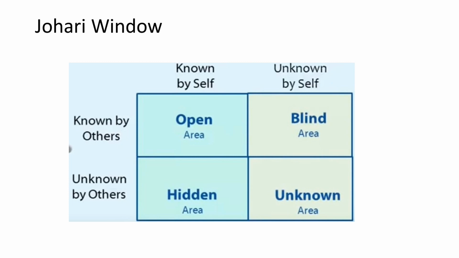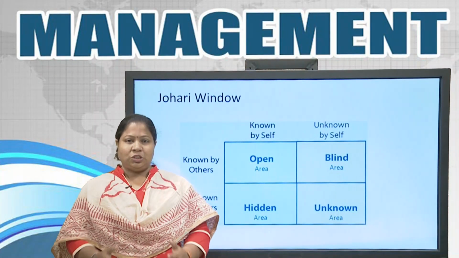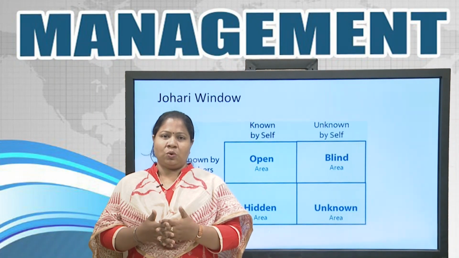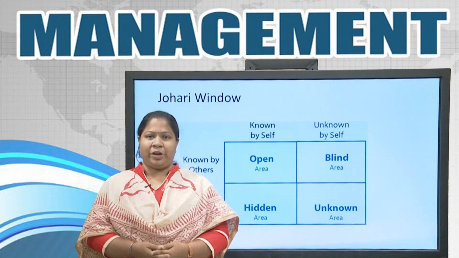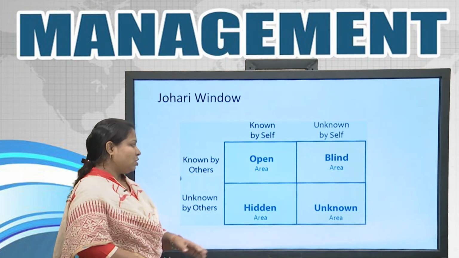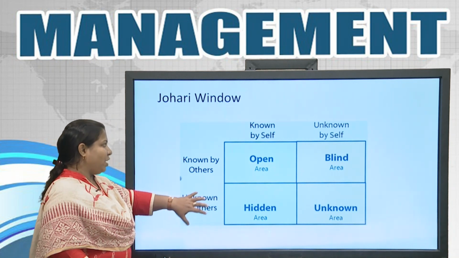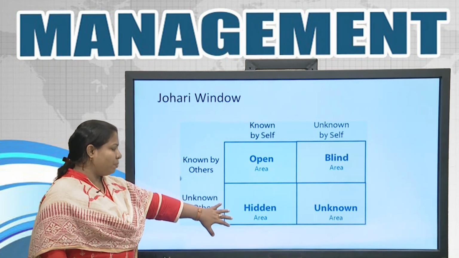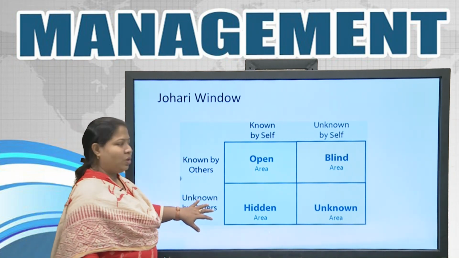Next quadrant is hidden area, the area which you know but others don't know. Let's take an example, your weakness. You know your weakness, you always try to avoid sharing it with others. So, that is hidden area. Hidden area, it is known by yourself but unknown to others.